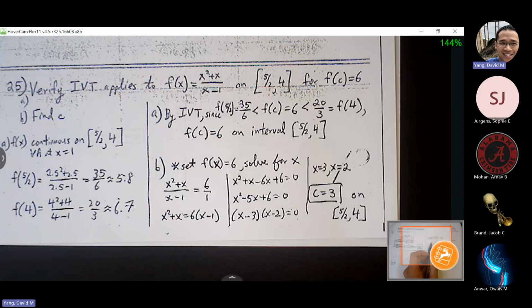There's a hole. If the limit exists but there's a hole, then it's removable. It can either be an asymptote or it could be a jump discontinuity, where the limit doesn't exist, and if the limit doesn't exist, it's non-removable.